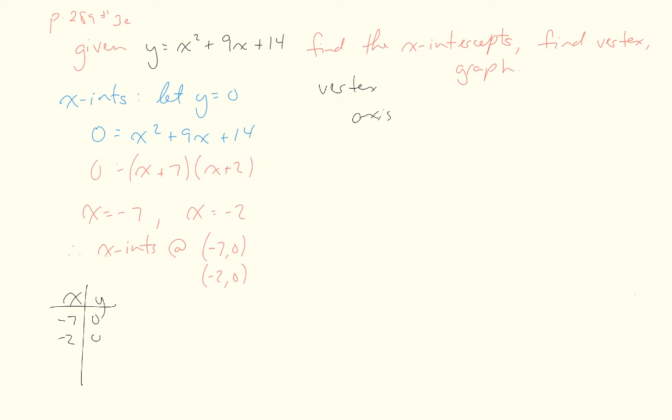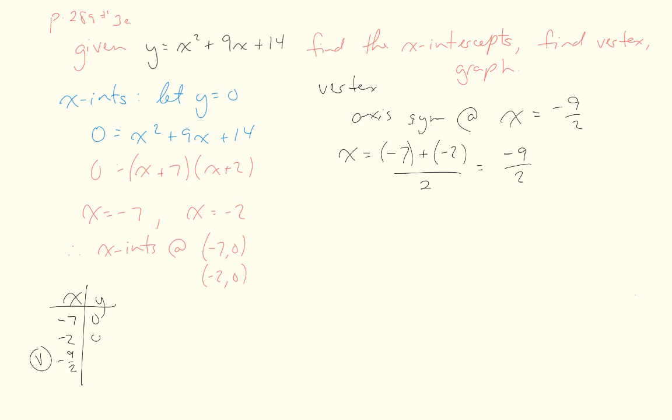The axis of symmetry happens at the average of the x-intercepts. So x equals (-7 plus -2) divided by 2, and that equals -9/2. So the axis of symmetry is at x equals -9/2. That means the x value of the vertex is going to be -9/2.